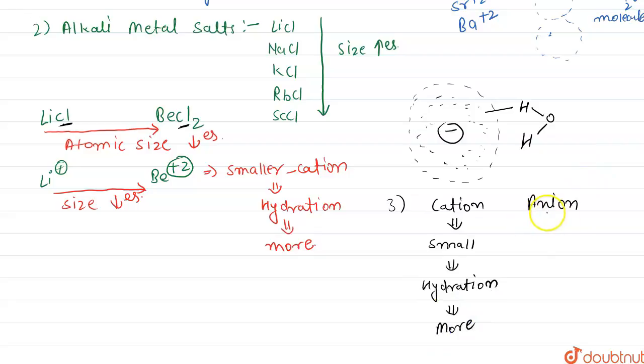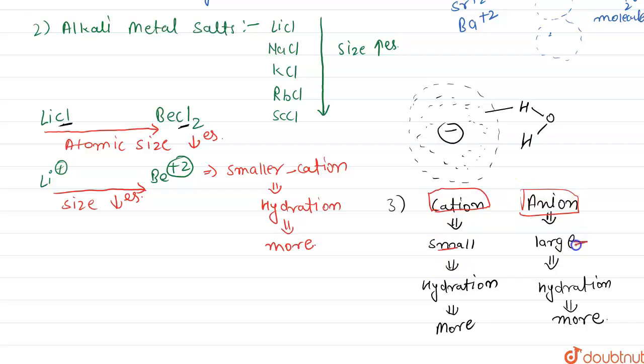And as we discussed in statement second, the size of the anion should be large. If the size of the anion is large, the hydration will be more. Therefore, there is an imbalance in size of cation and anion, that the cation should be of small size and the anion should be of large size.